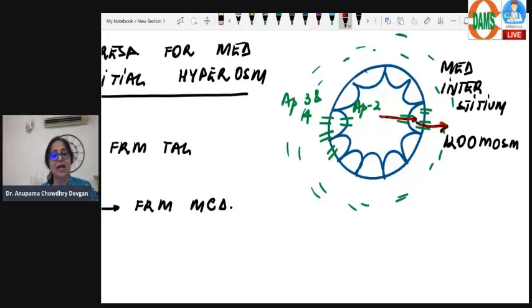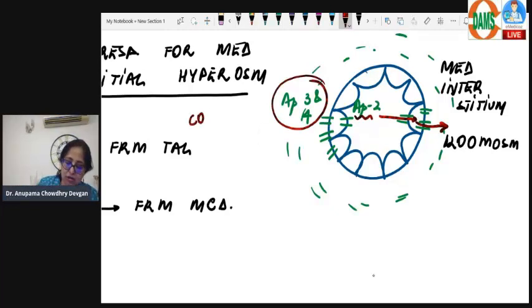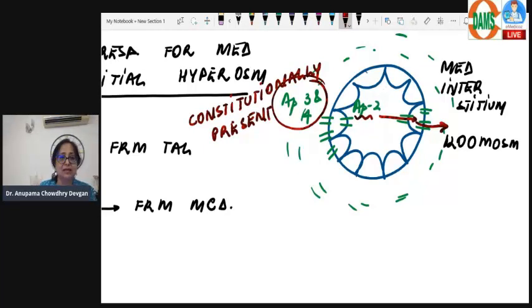Please remember, ADH will increase the number of aquaporin 2 on the luminal membrane. Aquaporin 3 and 4 are constitutionally present, which means their number is fixed.